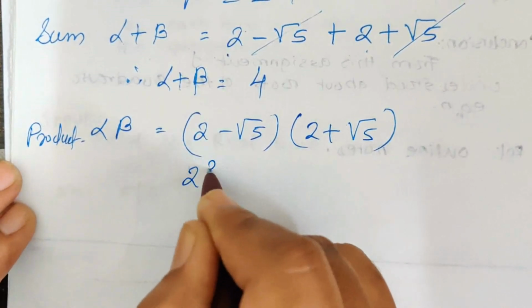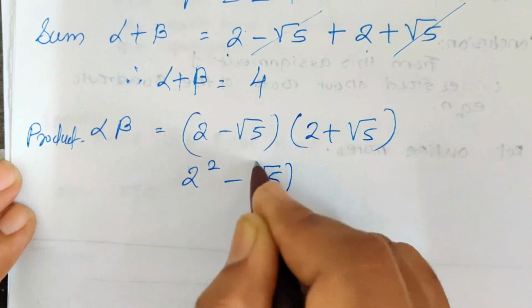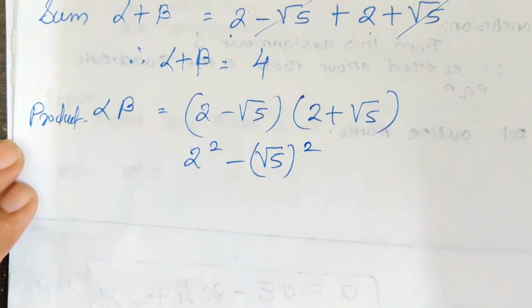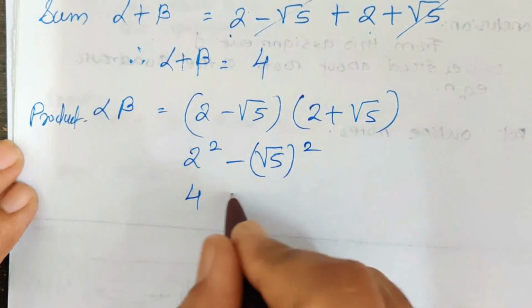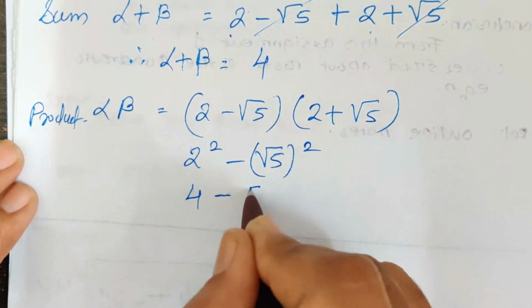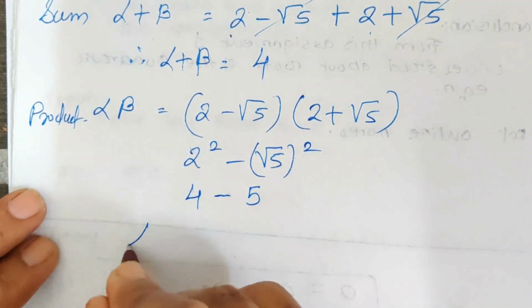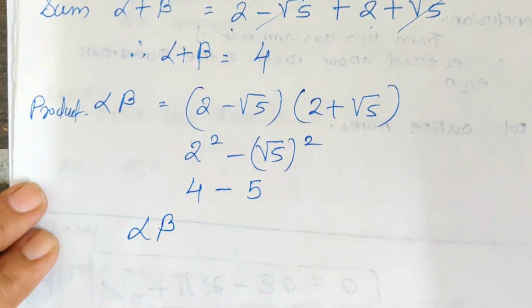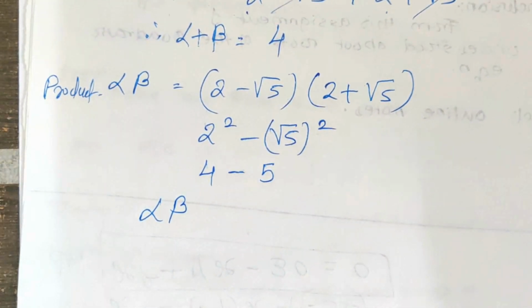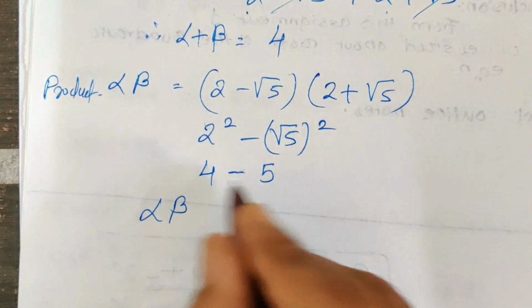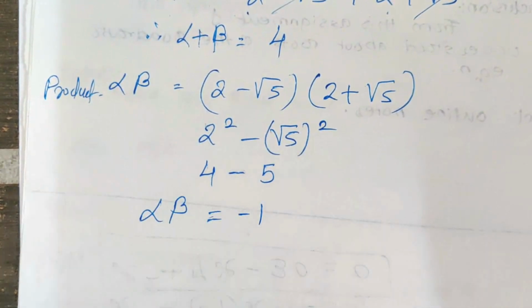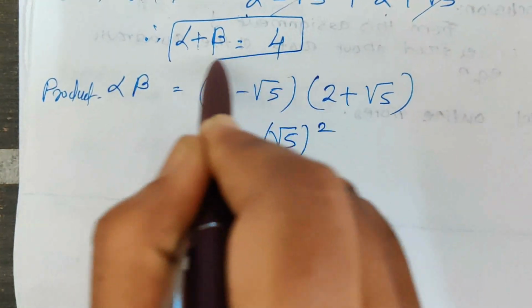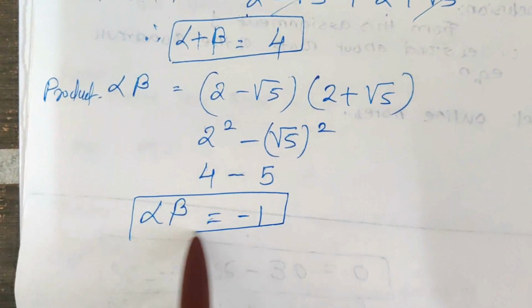So you can say 2 square minus root 5 square. 2 square is 4 and root 5 square is 5. That means here the product alpha into beta is equal to 4 minus 5, which is minus 1. So this way alpha plus beta is equal to 4 and alpha into beta is equal to minus 1.